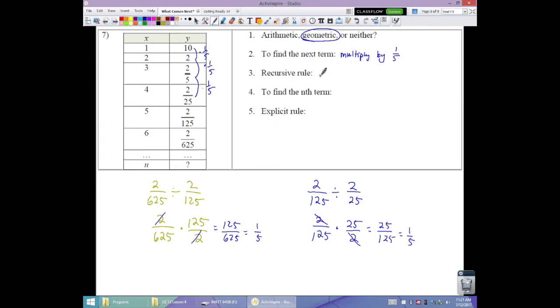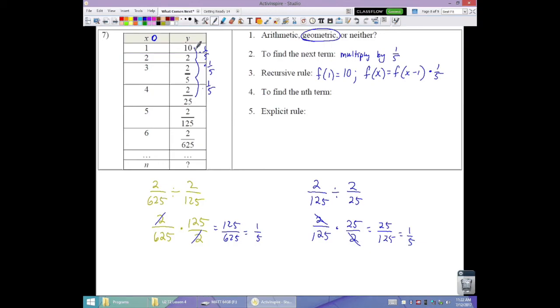The recursive rule would say begin at f of 1 equals 10. To get each new term, go to your last one and multiply by 1/5. To find the nth term, well, we need to know what our 0th is. So go backwards 1 in your pattern. Rather than multiplying by 1/5, we would divide by 1/5.